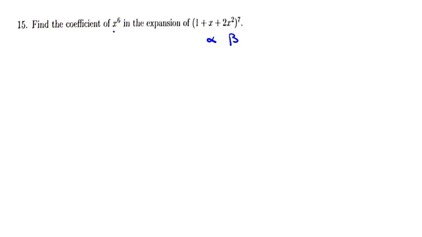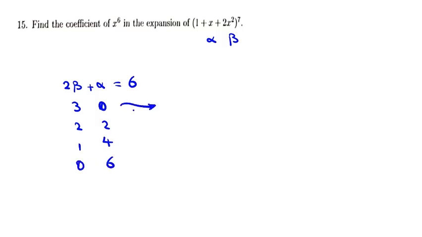I want to create x^6, so I know 2 beta plus alpha should be equal to 6. So the maximum beta can be 3, alpha will be 0. Then beta 2, alpha 2. Then beta 1, alpha 4. Here it can be beta 0 and alpha 6.